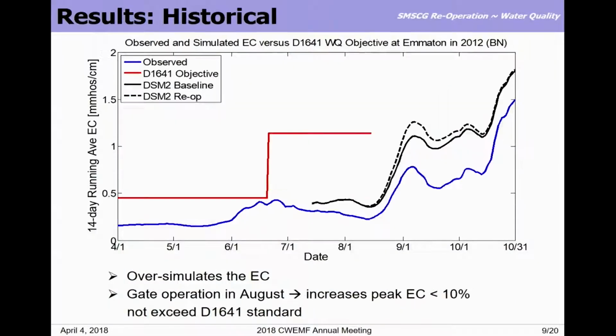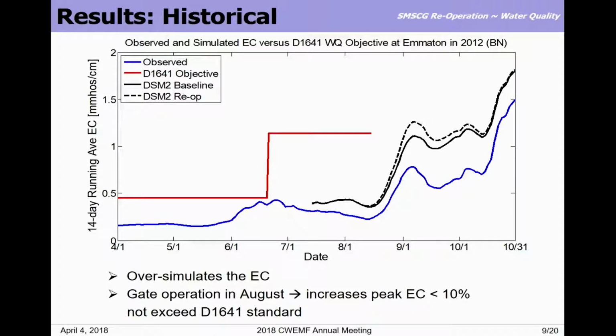After this, take a quick look at the stations we're concerned about. First of all, Emmaton. The field data is in blue, and we have our DSM2 modeling result in black. You can see it's in the same range with a similar pattern, but we somewhat overestimate.